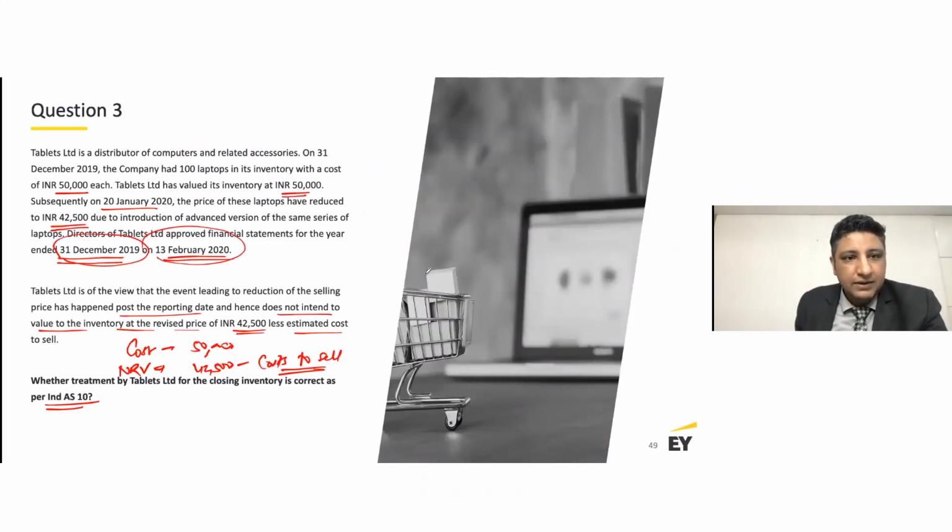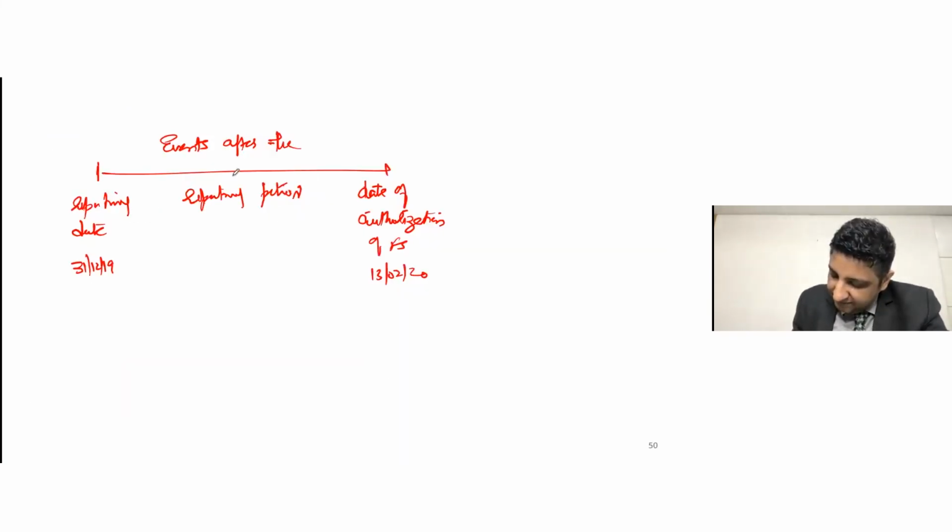Okay. Now, between the period, of course, there is a date referred, 20th of January, the price has reduced to 42,500. So we're saying somewhere here, probably, we don't have to really go on a scale. So we're saying 20th of January 20, there is a trigger. There's an event which is reduction in the price of the inventory.